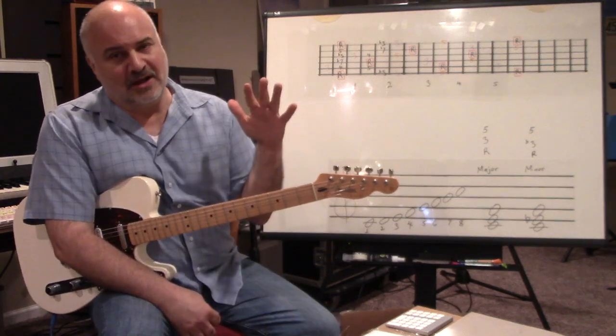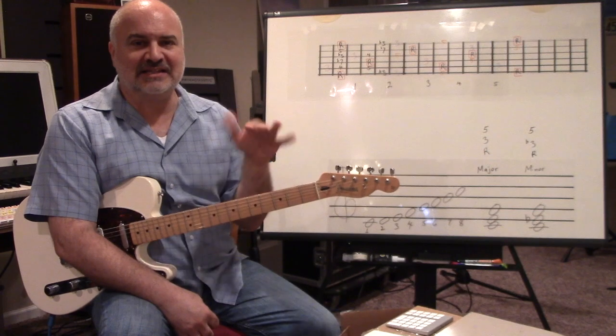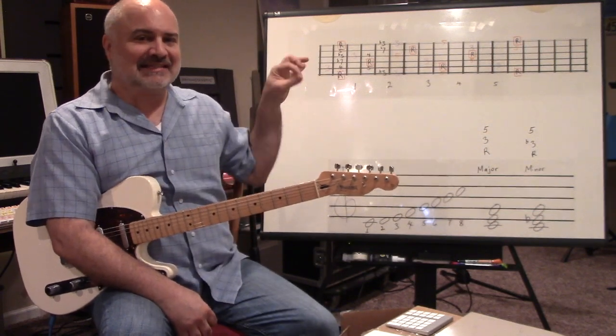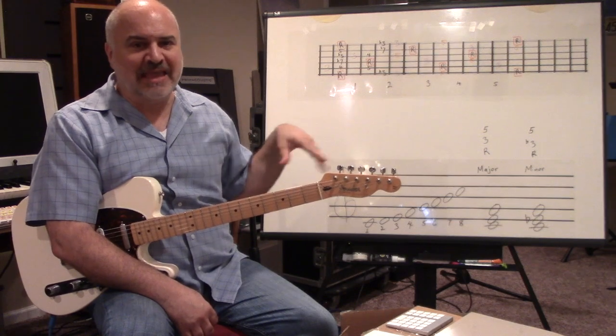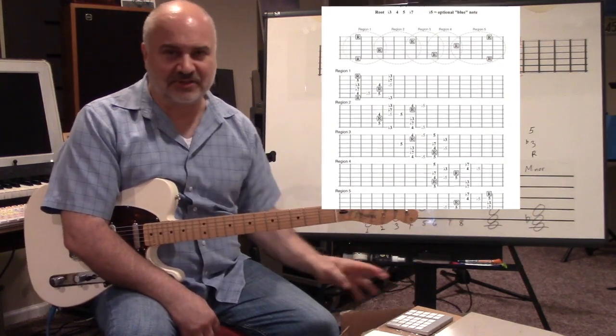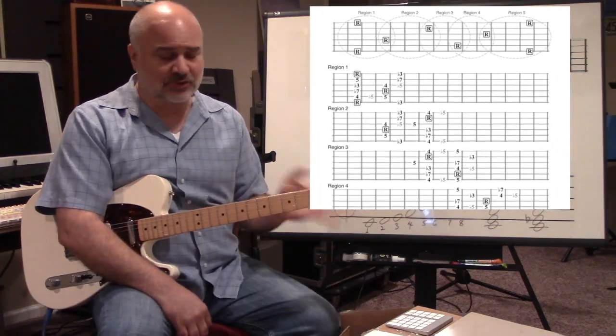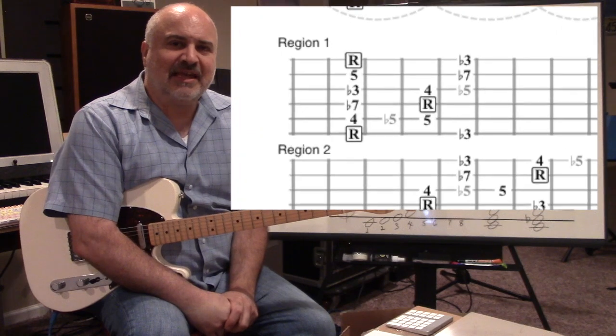So once again, the way we'll learn the minor pentatonic scale is by hanging these scale tones on our basic framework of 5 octave regions. In this case, we're going to look at region 1 in particular, and that was what I was just playing for you.